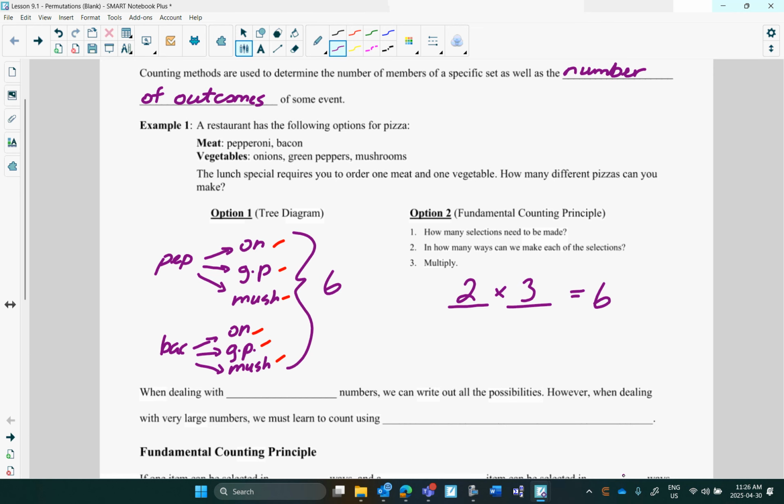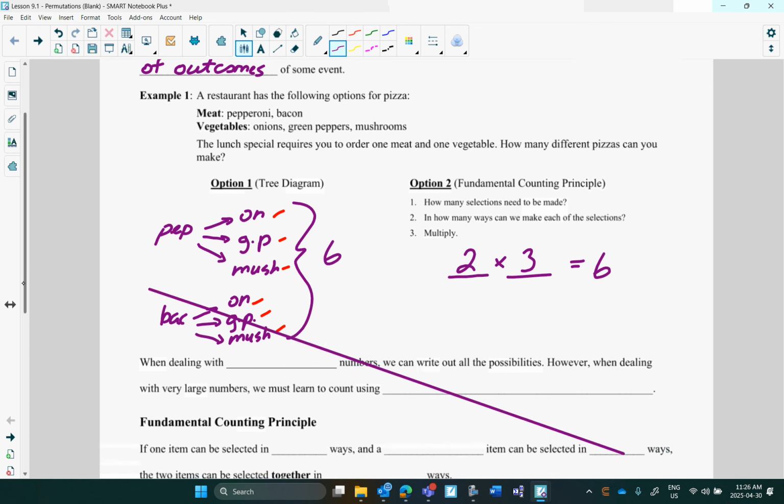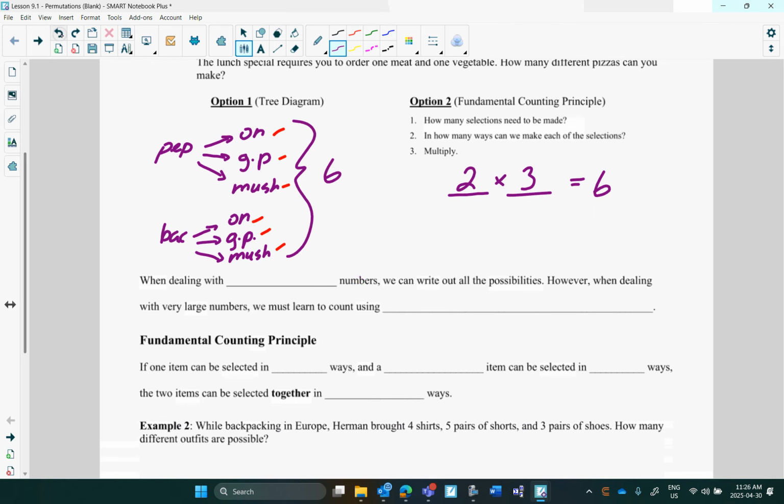So if we're dealing with small numbers, we could write out all the possibilities using the tree diagram. However, the bigger the numbers become, because obviously there's going to be more meats that you could choose from, and more vegetables.